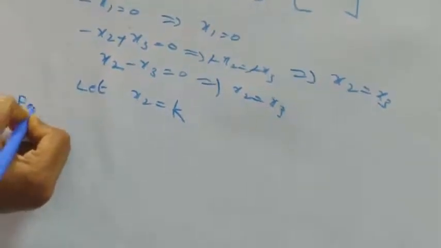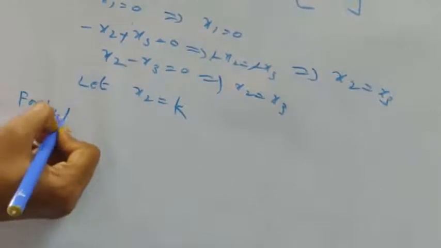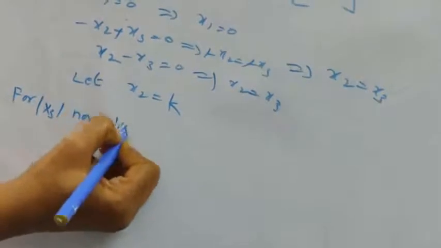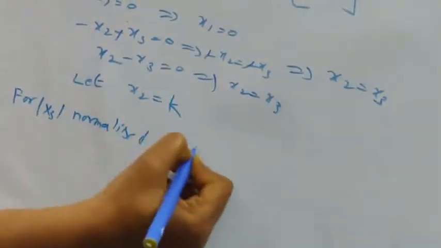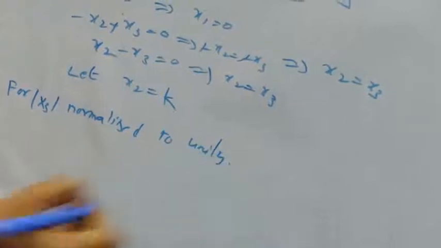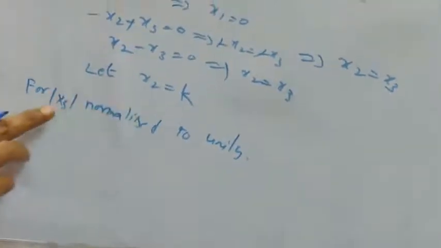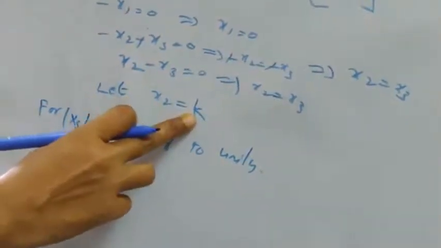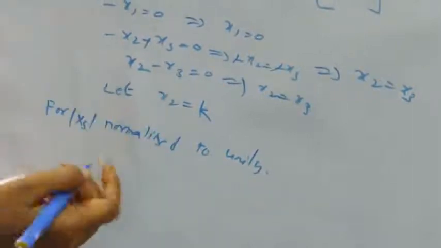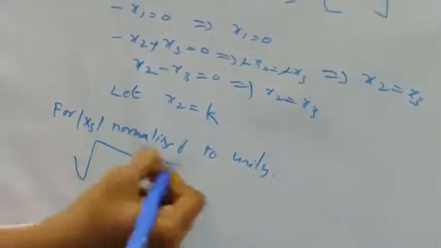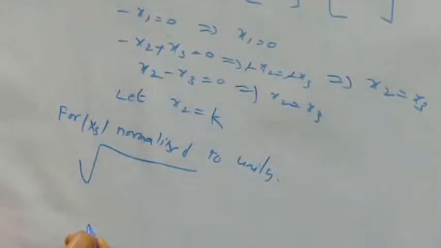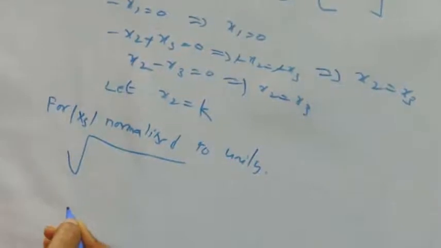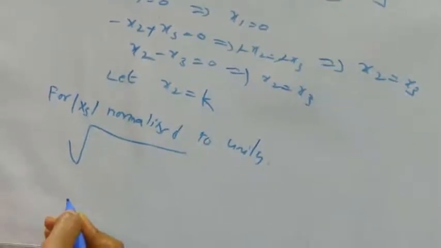To normalize to unity, square root of x1 square plus x2 square plus x3 square is equal to 1.